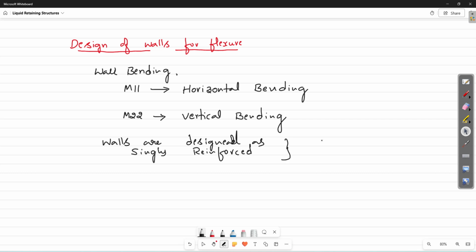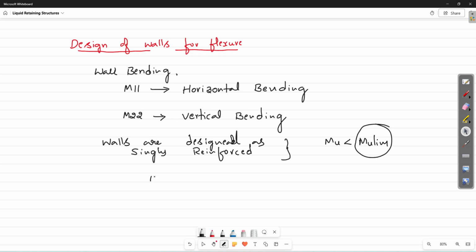What is the condition for a singly reinforced section? Mu should be less than Mu limit. So the actual moment should be less than your capacity or limiting moment. Okay. How do you calculate Mu limit?